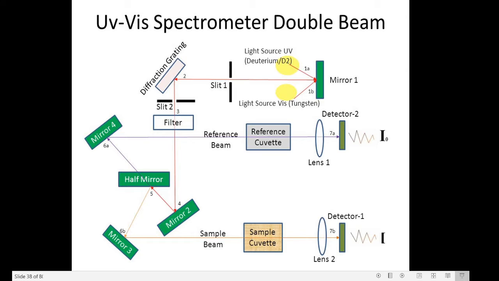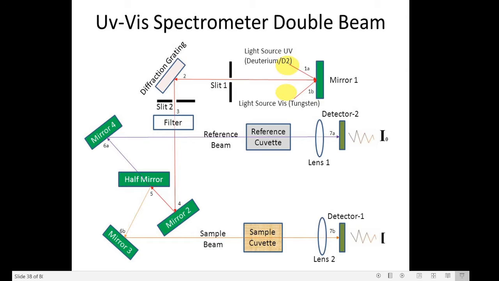200 to 400 is the UV range. For the UV range we want to use the deuterium D2 lamp. 400 to 700 is the visible range. For visible range compounds we want to use the tungsten lamp.